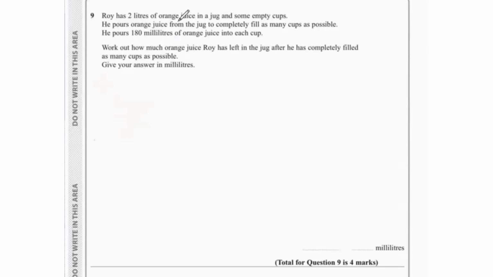So we have 2 liters of orange juice in a jug and some empty cups. He pours the orange juice from the jug to completely fill as many cups as possible. He pours 180 milliliters. So let's first find how many milliliters are in 2 liters. So 1 liter is 1000 milliliters. So 2 liters are going to be 2000 milliliters.